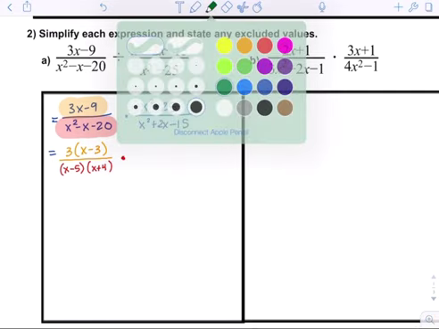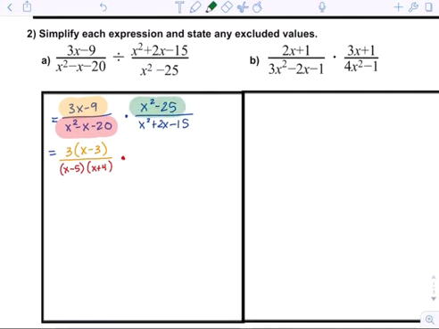Next one. Okay, so this one, right? x squared minus 25. I notice x squared is square rootable and 25 is square rootable. So when you have perfect squares like that, under subtraction, the square root of x squared is x, the square root of 25 is 5, and it's going to be plus or minus.